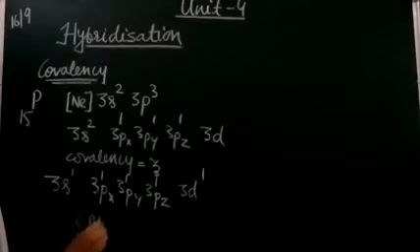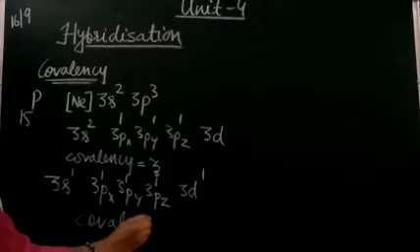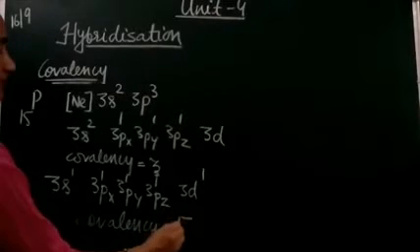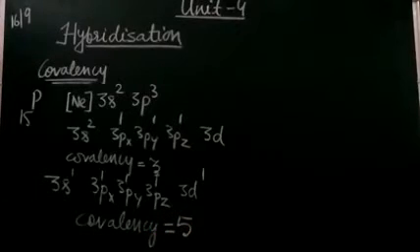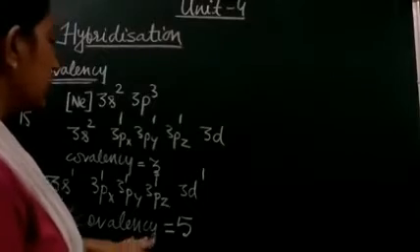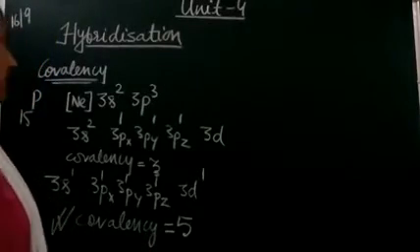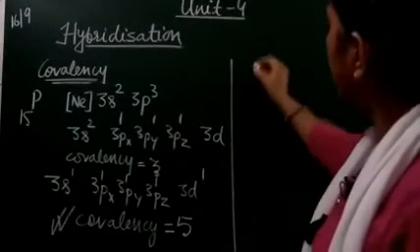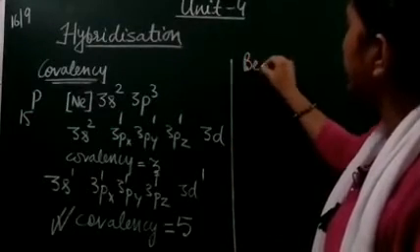So the phosphorus has extended its covalency to 5, right? Hence phosphorus has the covalency of how much? It's 5, right?